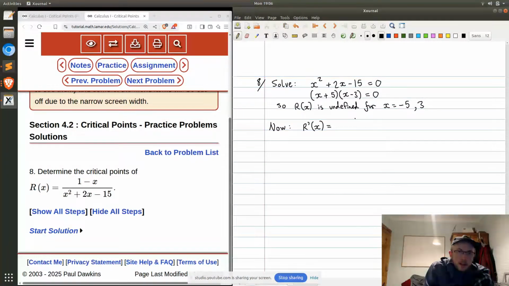f prime g minus f g prime. So f prime, minus sign, f g prime. So that's going to be 2x take 2.